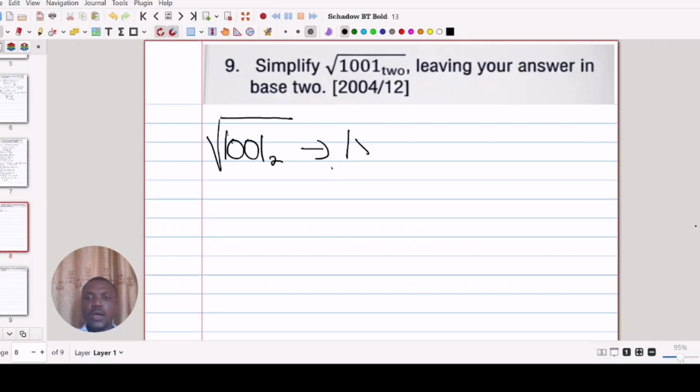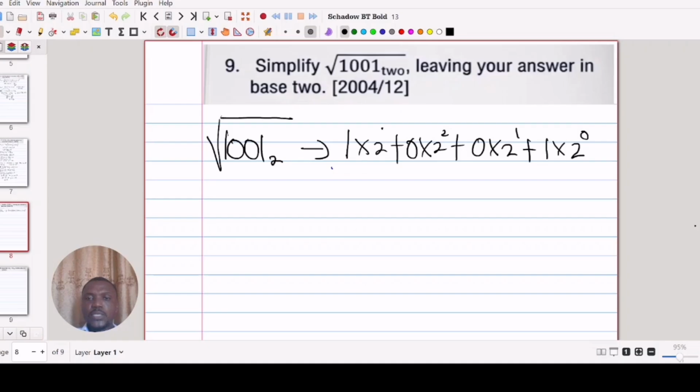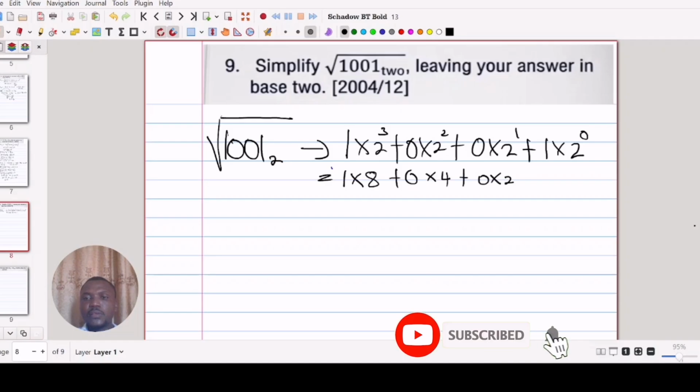So you have 1 times 2 plus 0 times 2 plus 0 times 2 plus 1 times 2. Go to the back. You start with 0, 1, 2, 3. So this will give you 1 times 2 raised to the power 3, which is what? That will be 8, plus 0 times 2 raised to the power 2, that will be 0 times 4, plus 0 times 2 raised to the power 1, that will be 2, plus 1 times 2 raised to the power 0, which is 1.